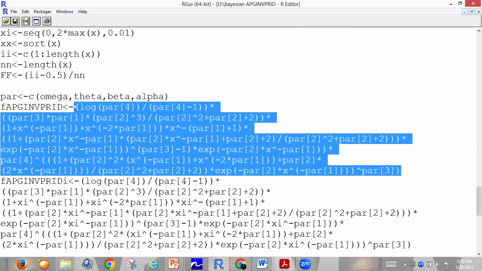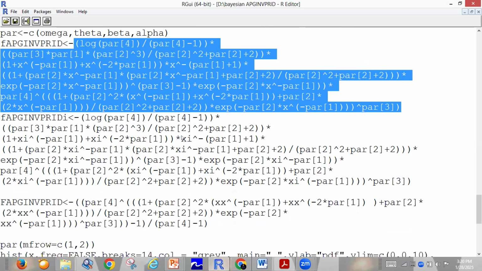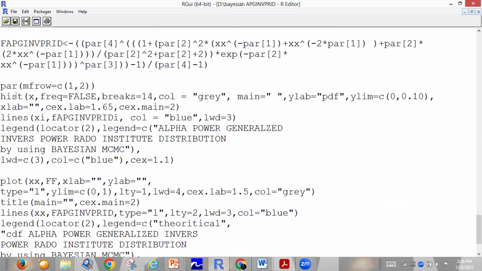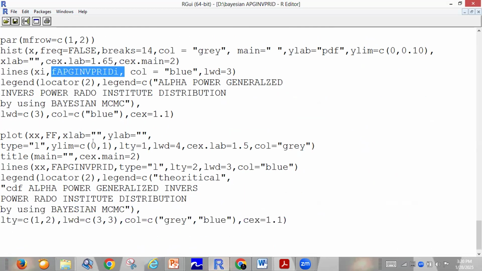The blue one means the density function of that distribution, and this one is its cumulative. We use the density plot to capture the histogram of the data by the density, and the cumulative plot to capture the theoretical cumulative by the cumulative model.